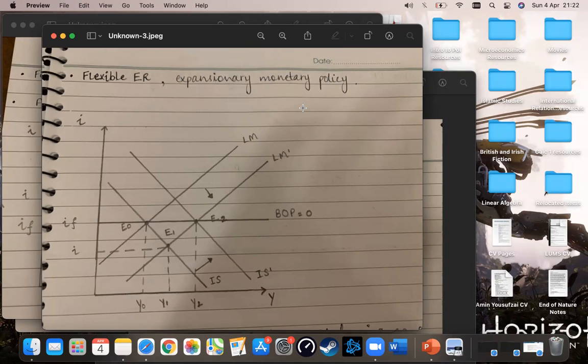This will bring about an increase in our net exports, which then causes the IS curve to shift to the right from IS to IS prime, thereby changing our initial equilibrium from E naught to E2. This brings about an increase in the output level to Y2, therefore rendering this as an effective policy.